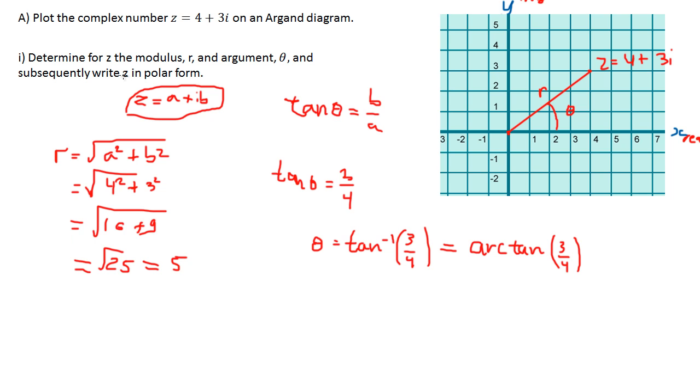We also have to write z in the polar form, and if you guys did not know, polar form is z equal to r cis theta. That is the polar form.